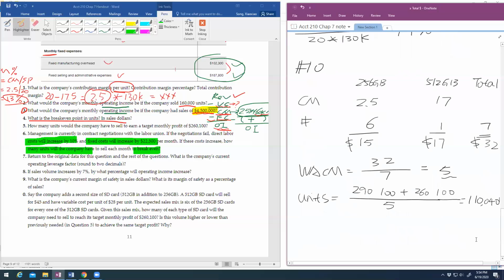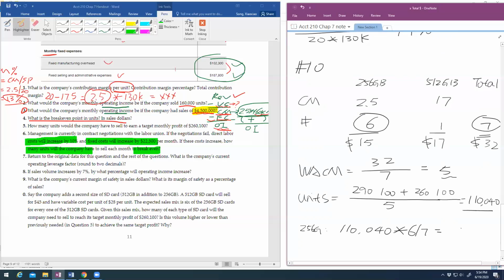Are we done? Yes or no? No. Why? Because we need to get the units for each product. The total units is 110,040, but the 256 gigabyte counts as 6/7, so your portion is 6/7.